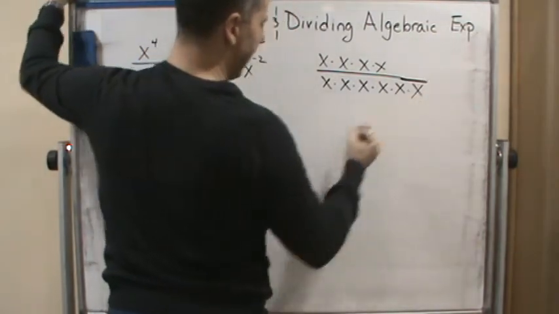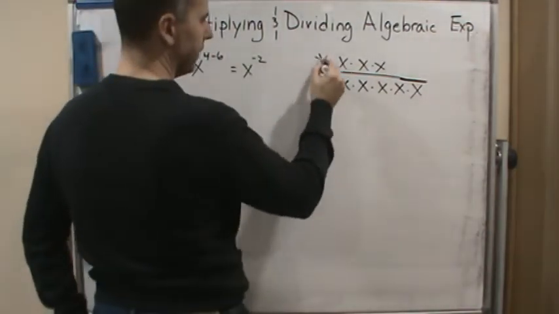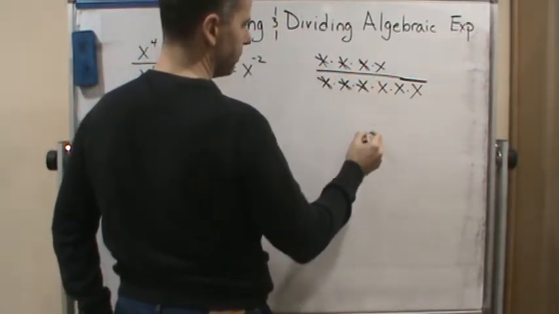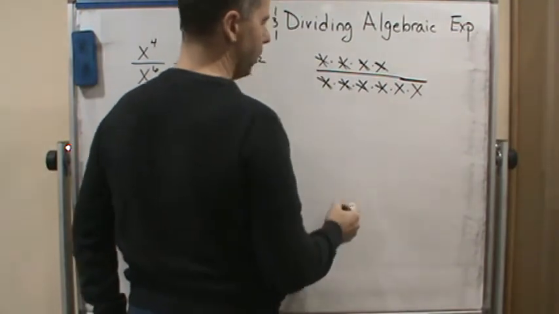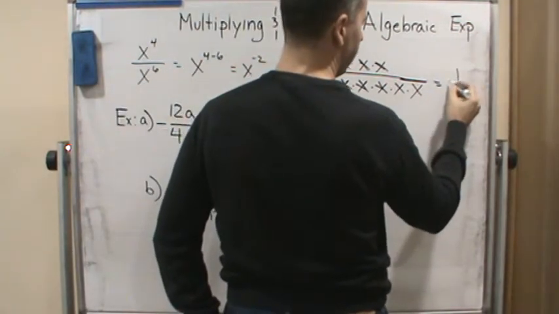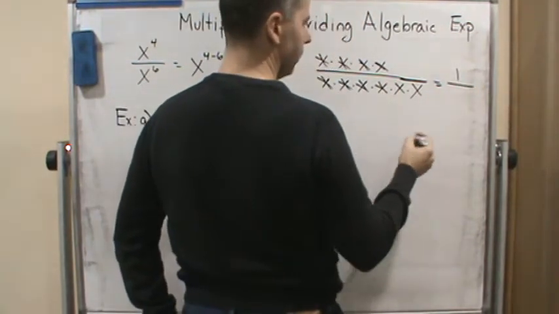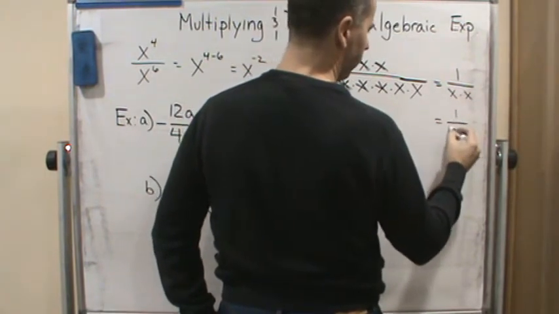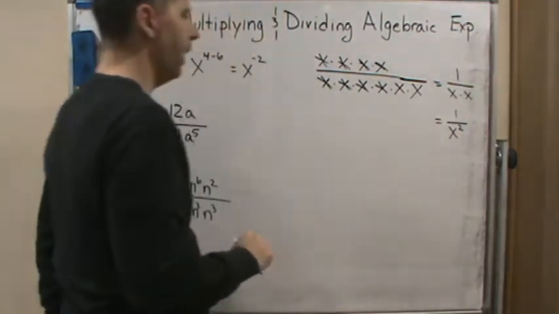And so again, if we cancel, what happens? This cancels with this, this, this one, and this one. And what do we end up with? We end up with 1 over x times x, or 1 over x squared.